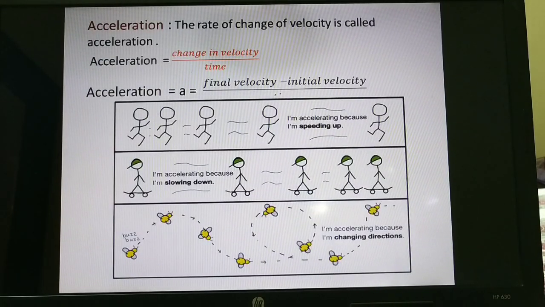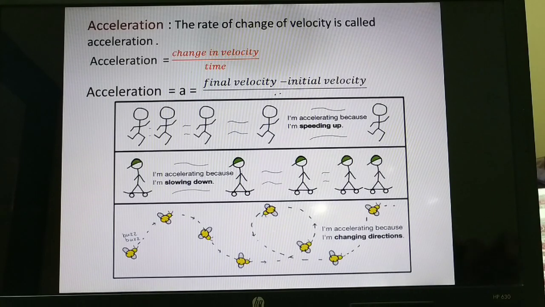The next topic you have to study here is to clear your concept about acceleration. The rate of change of velocity is called acceleration. Speed and velocity, now you are familiar with. What is speed?